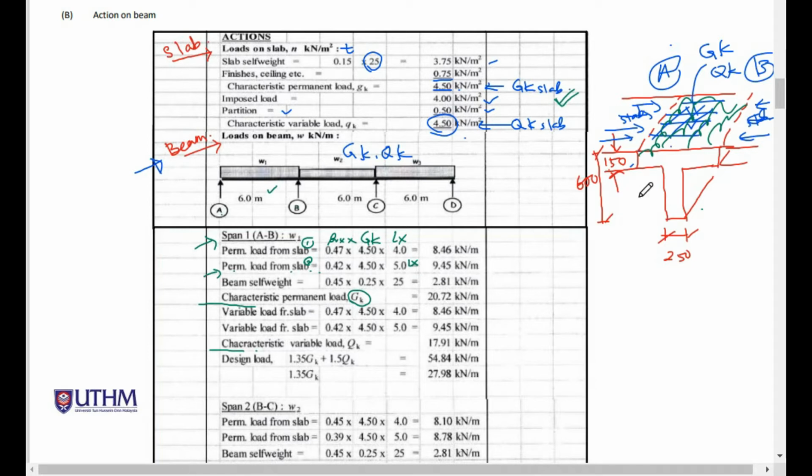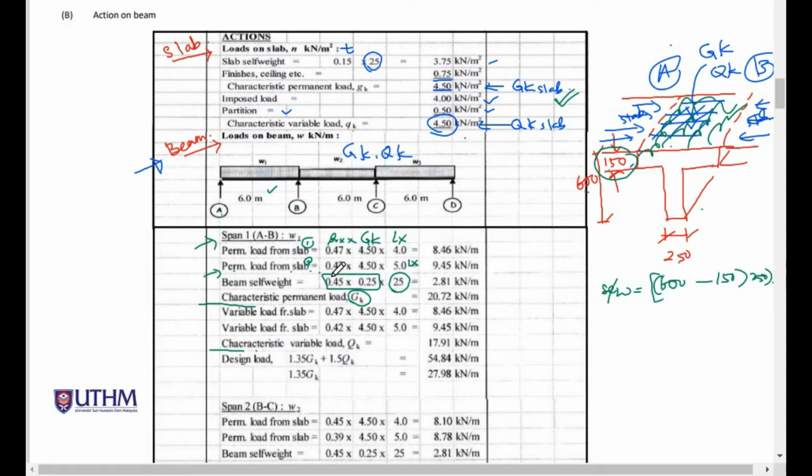The beam self-weight here is 0.45 multiplied with 0.25 multiplied with the density for concrete. So this is the size for the beam. The beam size is 600 minus the slab thickness, multiplied with 250.